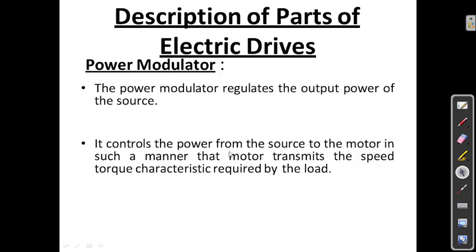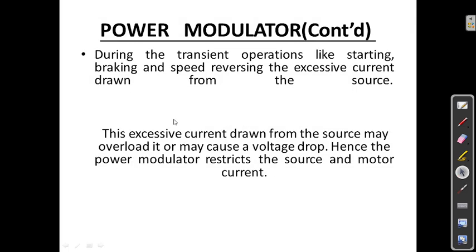It controls the power from the source to the motor in such a manner that the motor transmits the speed or characteristics required by the load. This is the power modulator.